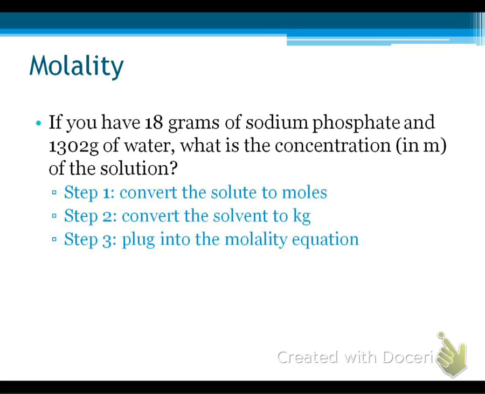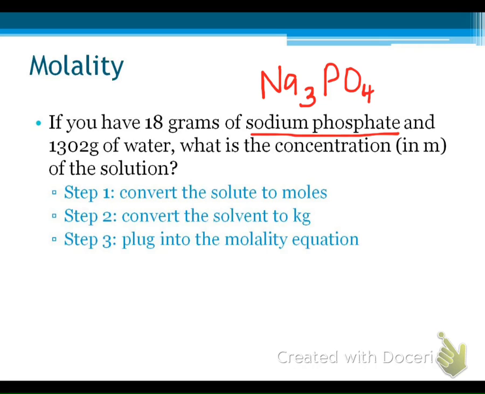In this problem, which of these will be our solute? Sodium phosphate. Yeah, good. Sodium phosphate will be our solute. And the chemical formula for sodium phosphate is Na3PO4. Very good, because sodium is a +1, phosphate's a -3. That's our chemical formula for sodium phosphate.